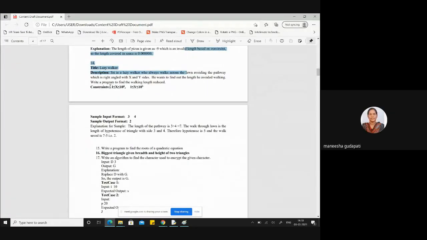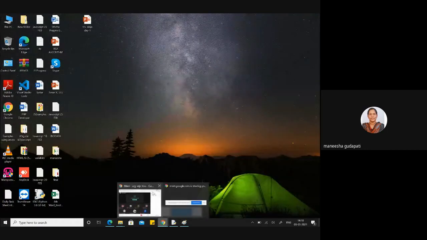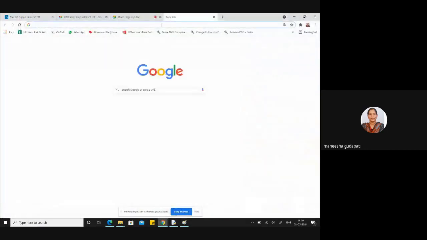Here they have given a constraint that the x value should not exceed 10 power 6, and at the same time the x value should not be less than 1. In the same way for y also. So how do we write the code for this simple problem?